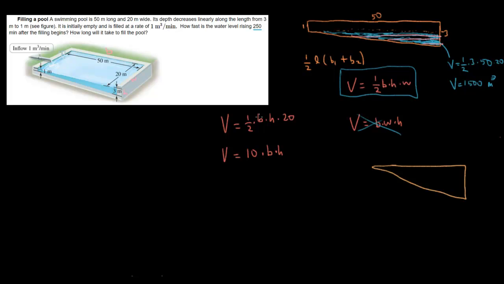Okay, let's see. 3 meters to 1 meter. If that's 1 meter and this entire side is 3 meters, then what would the side of this triangle be? If that's 1, that's 3, I think it'd have to be 2.